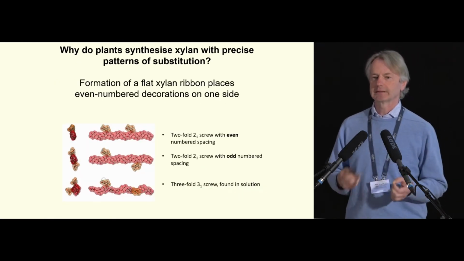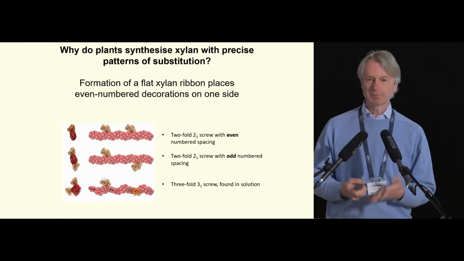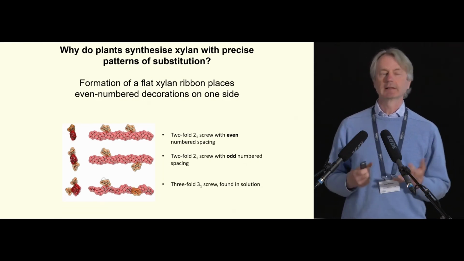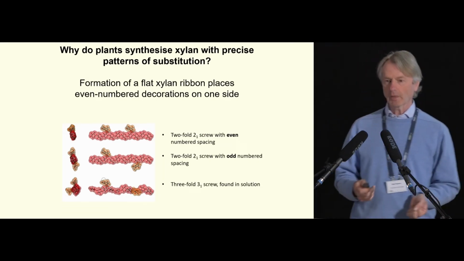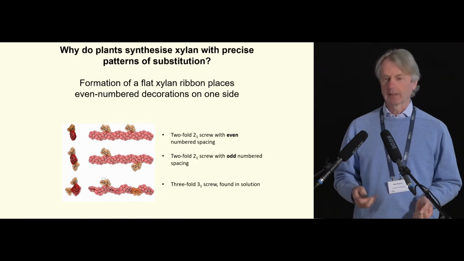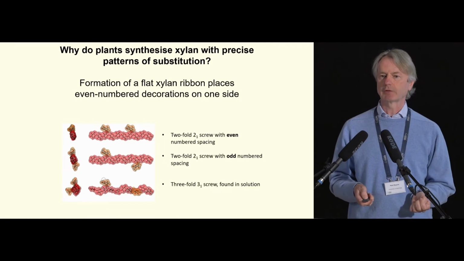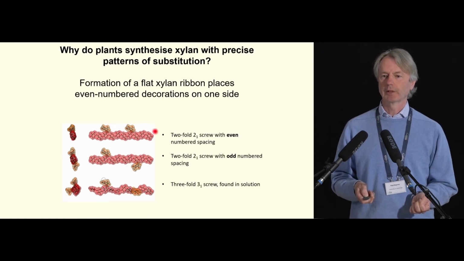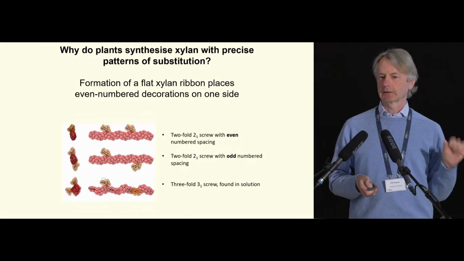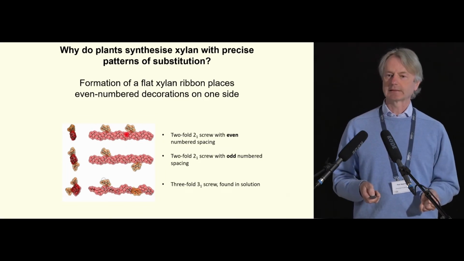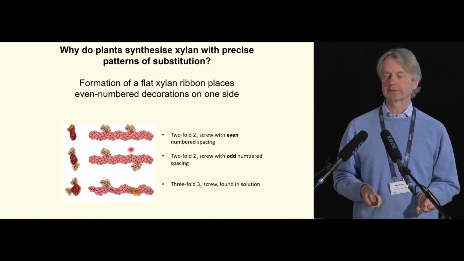The idea that we had was that it could be to do with the shape of the xylan in the cell wall. This makes sense to us if the xylan folds flat like the glucan chains in a cellulose fibril, as shown here on the top. If xylan is a flat ribbon, then glucuronic acids or acetates 2 or 4 units apart will be on one side of that ribbon, whereas if they're odd, they will be on opposite sides.